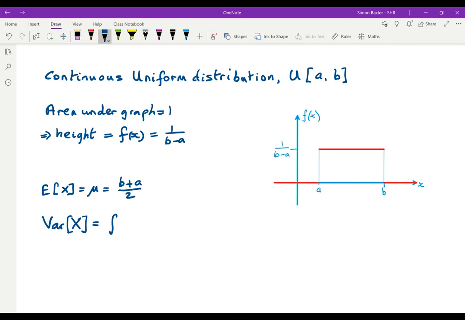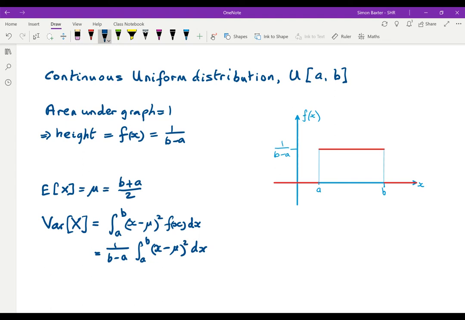So let's do the integral from A to B of x minus mu. Mu, I'm just going to write as that for the moment. It's B plus A over 2 squared f(x) dx. f(x) is 1 over B minus A. So this isn't really very much that I'm doing at the moment. x minus mu squared dx.